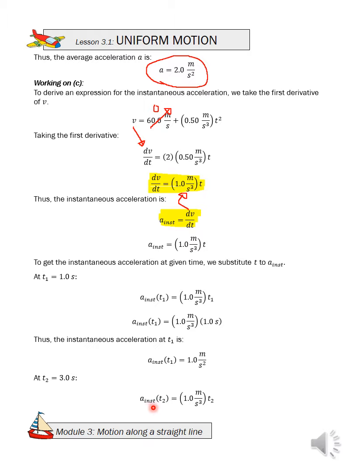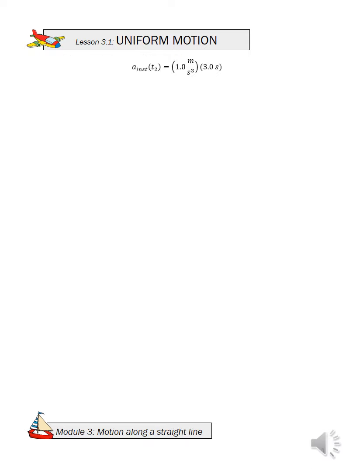The a inst at time t2 is equal to 1.0 meters per second cubed times t2. And t2 is 3 seconds. We substitute it right here. We get instantaneous acceleration to be 3.0 meters per second cubed. Okay, I hope that's clear.